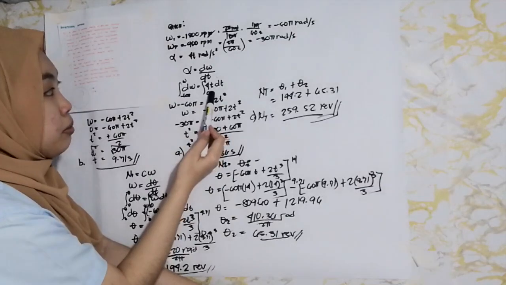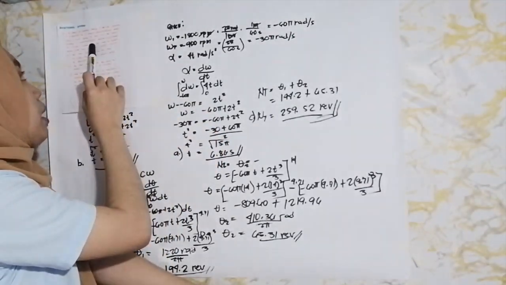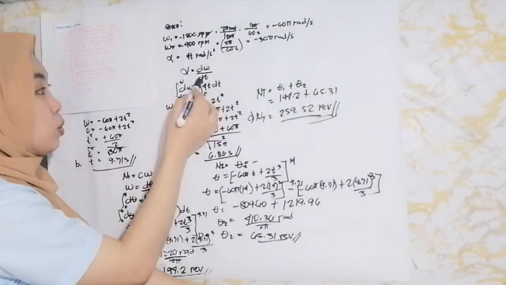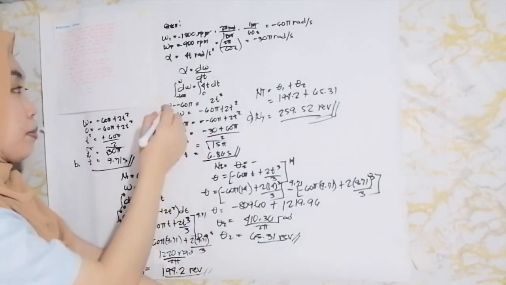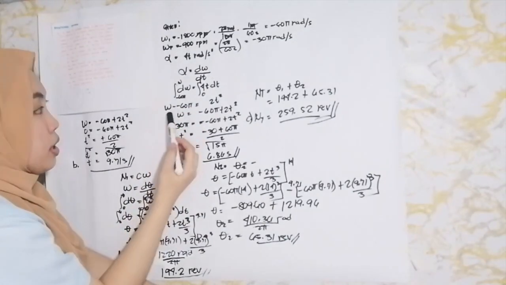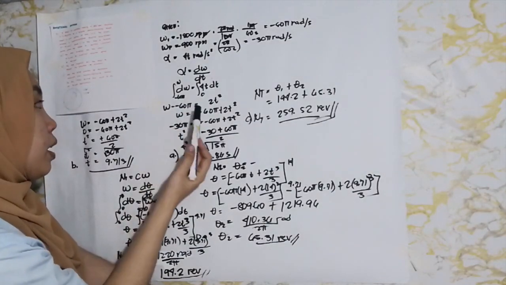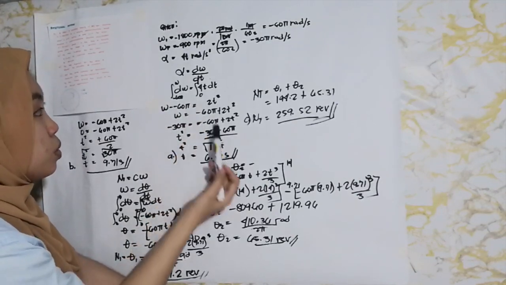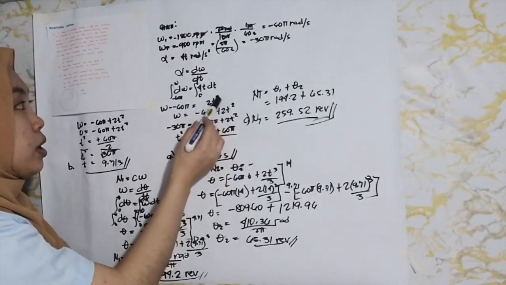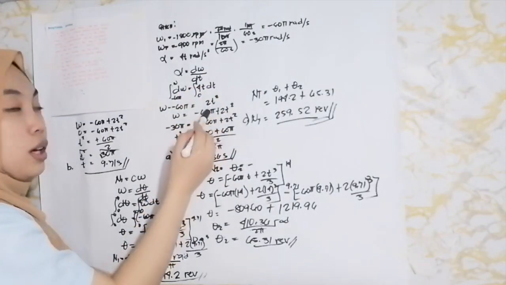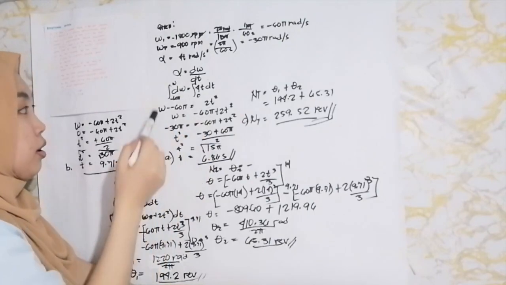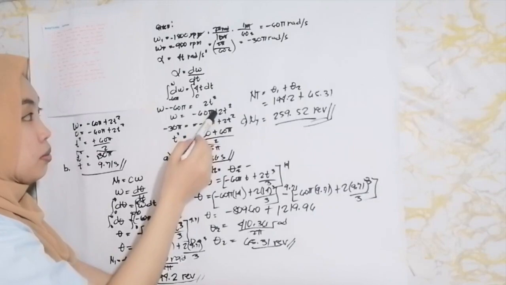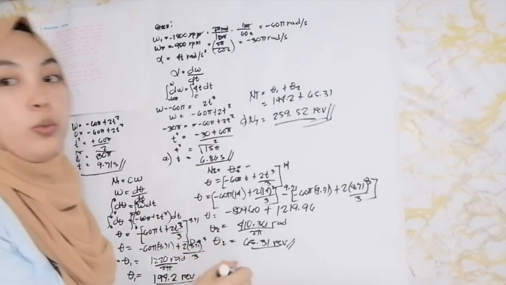For time, since it starts at 0 as given in the problem, we integrate from 0 to t. When we integrate, we get omega minus negative 60 pi equals 2t squared. Then we transpose the 60 pi, giving omega equals negative 60 pi plus 2t squared.